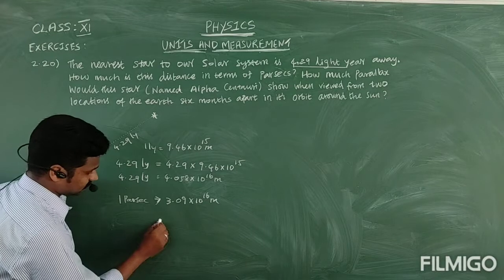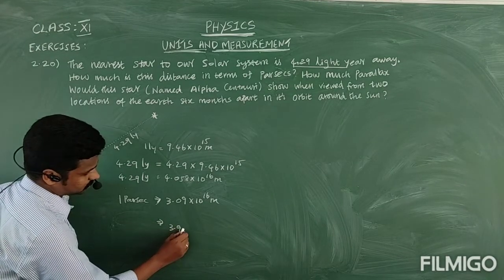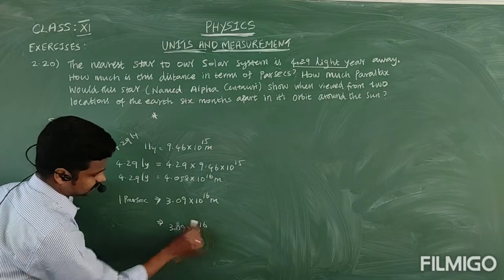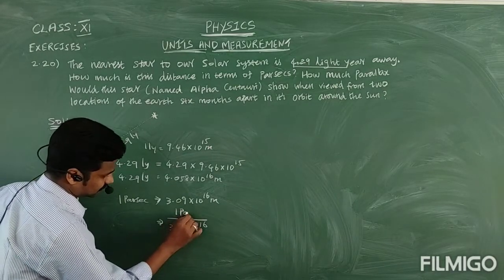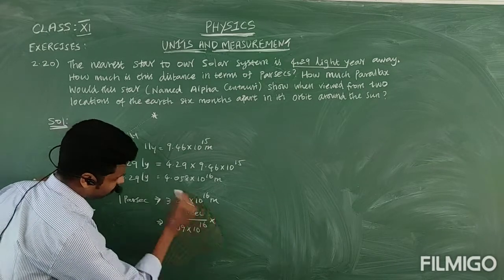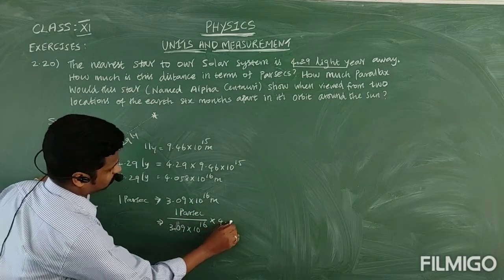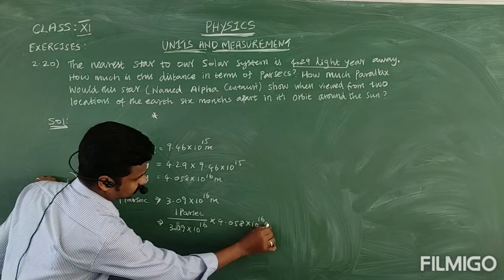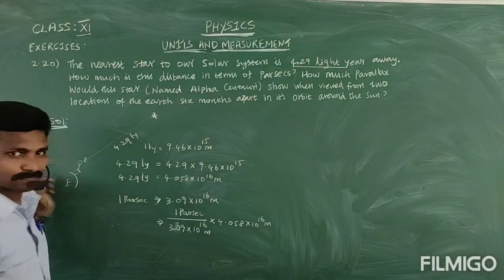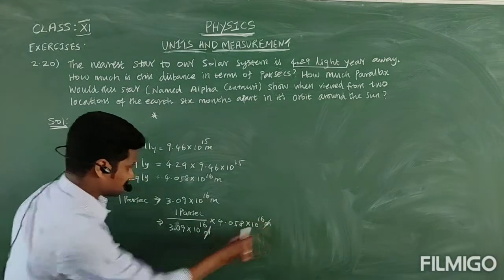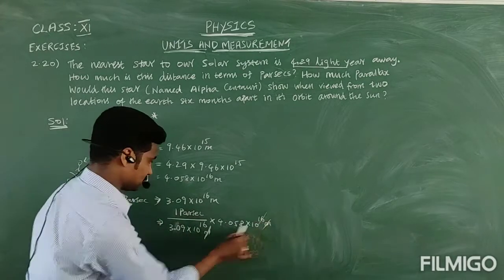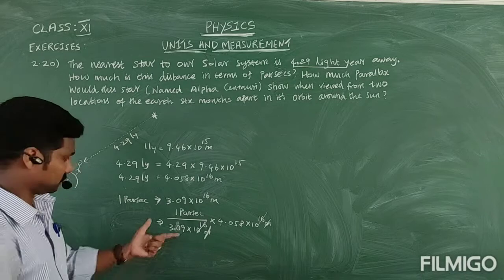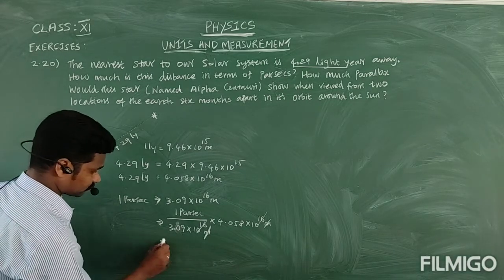Now I can write: 3.09 into 10 power 16 meter is 1 parsec, so 4.058 into 10 power 16 meter is how much parsec? The meter will be cancelled, and the 10 power 16 will be cancelled, so the remaining value will give the equivalent parsec value.